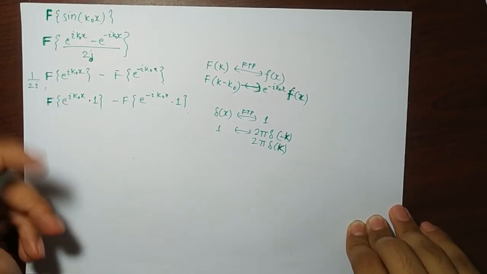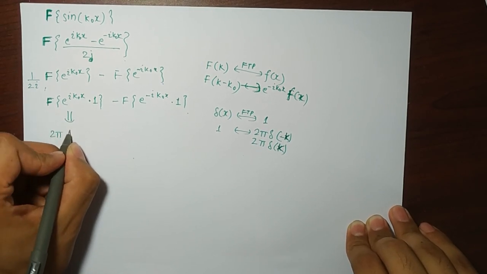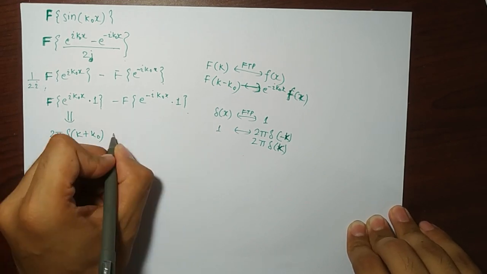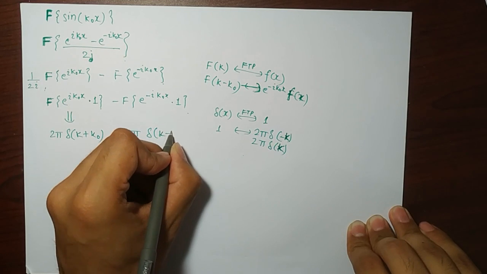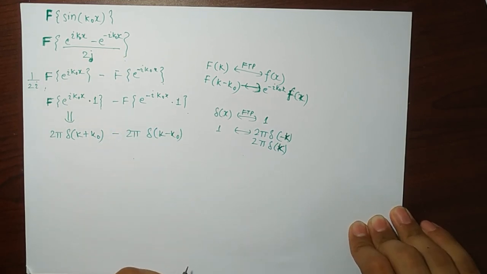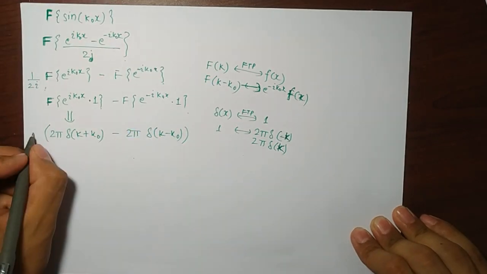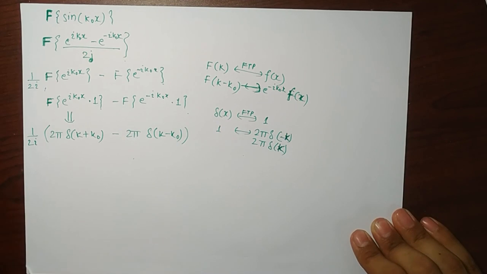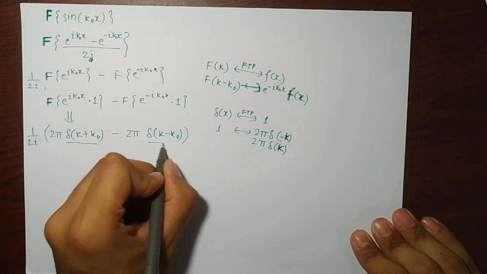So this collapses to 2 pi delta of k plus k naught minus 2 pi delta of k minus k naught. Fine. And there is one 1 over 2 pi i here. So you can see that there are two components, delta of k plus k naught and delta of k minus k naught.